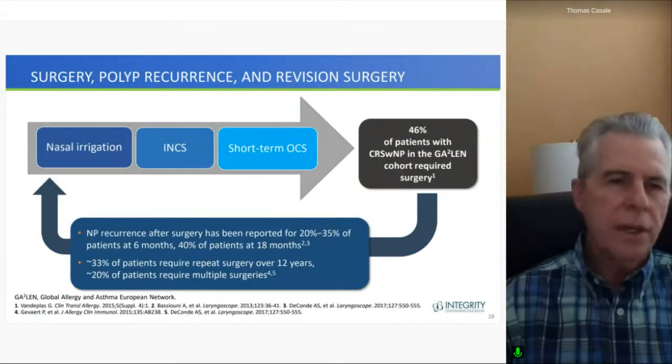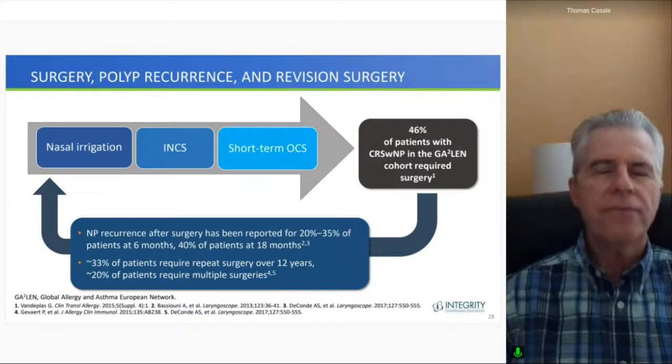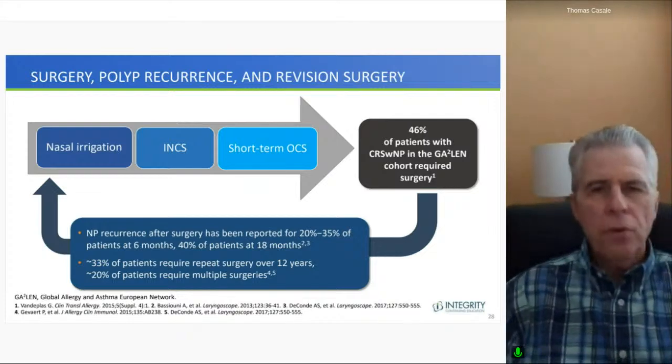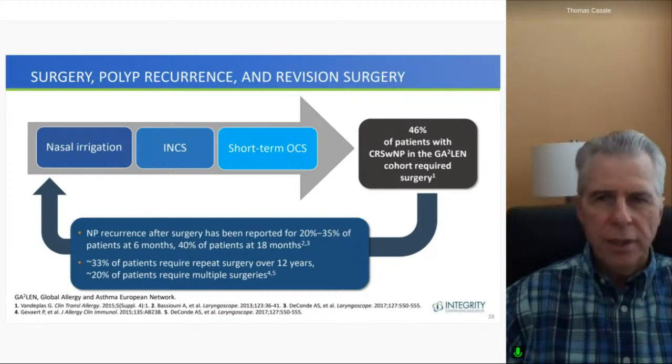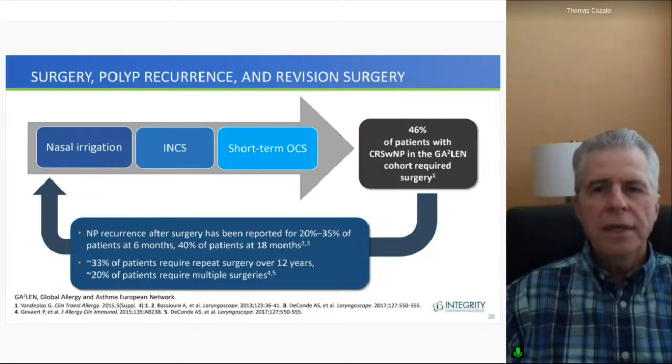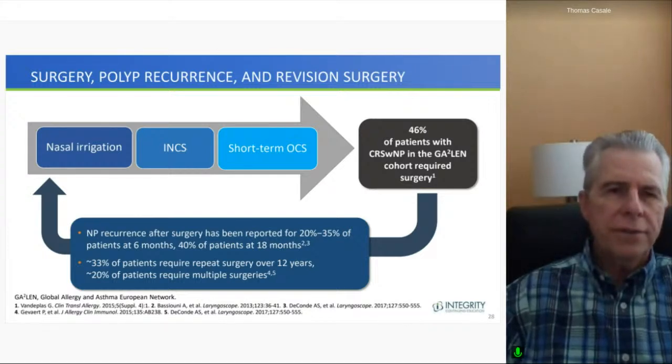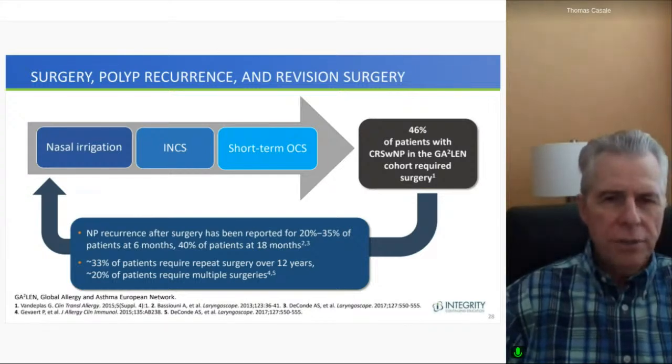So if you have those things in place, so you've already treated somebody with nasal irrigation, intranasal corticosteroids, short-term oral corticosteroids, then you have to ask yourself, what else can you do?